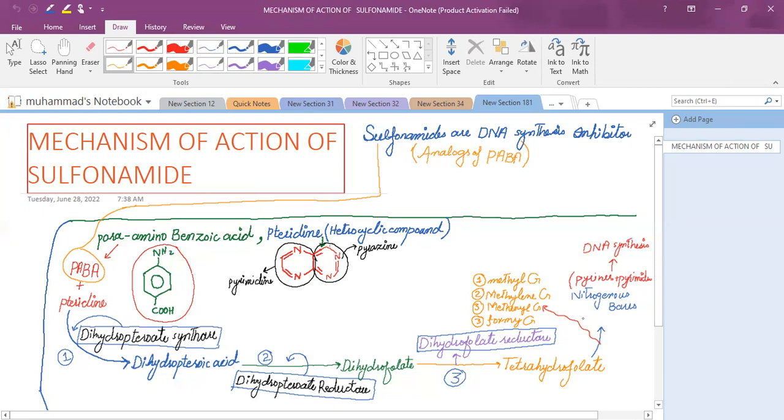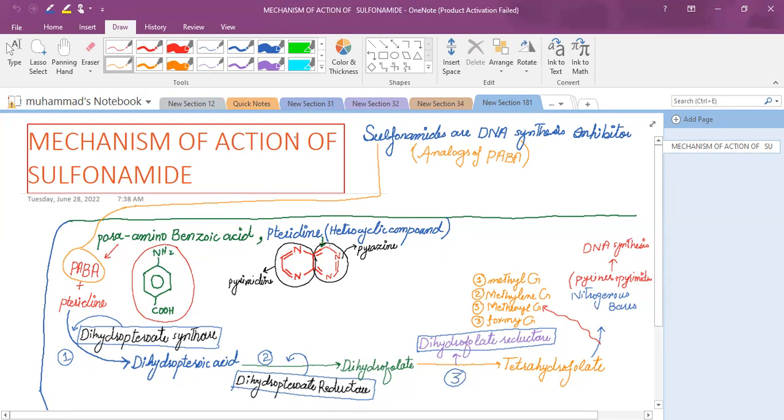So in this way, true pyrimidines and purines will not be formed, and the DNA which will be formed will be fake in nature, or pseudo in nature. In this way, DNA synthesis of bacteria will be halted. So this is the first mechanism.